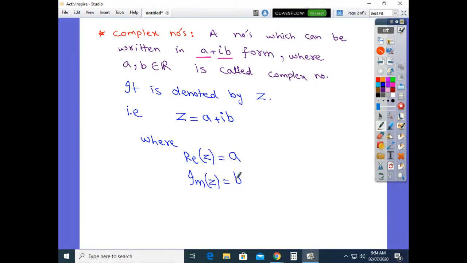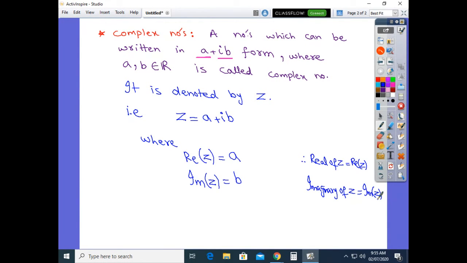The coefficient of iota is the imaginary part and the other part is the real part. Here we write real part of z in short form as Re of z, and similarly the imaginary part of a complex number as Im of z.